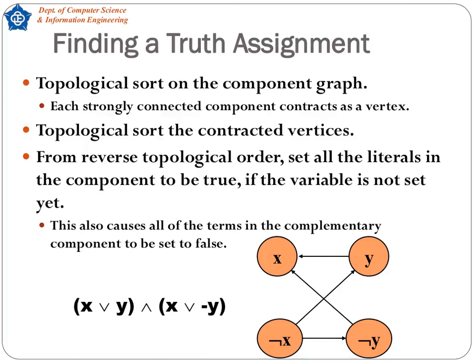We then perform a topological sort on these contracted vertices. Finally, we traverse the sorted list in reverse order. Whenever we encounter an unassigned component, we assign all of its literals to true, which immediately forces every literal in the complementary component to false. Applying this procedure to (x or y) and (x or not y) produces a consistent truth assignment in linear time.